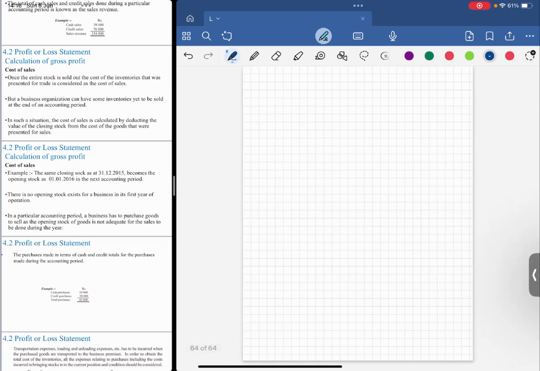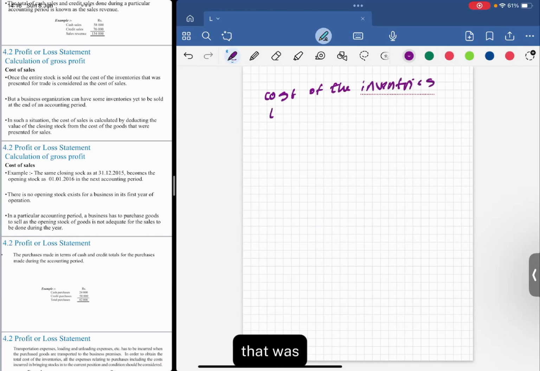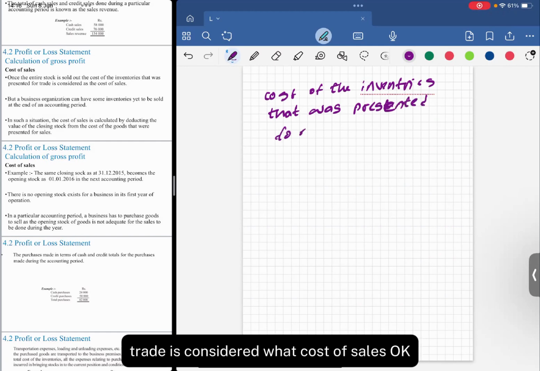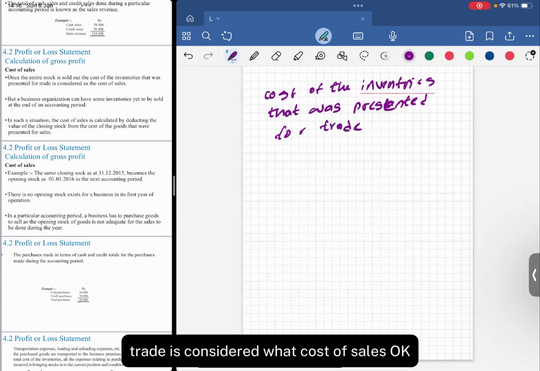Cost of the inventories that was presented for trade is considered as what? Cost of sales.